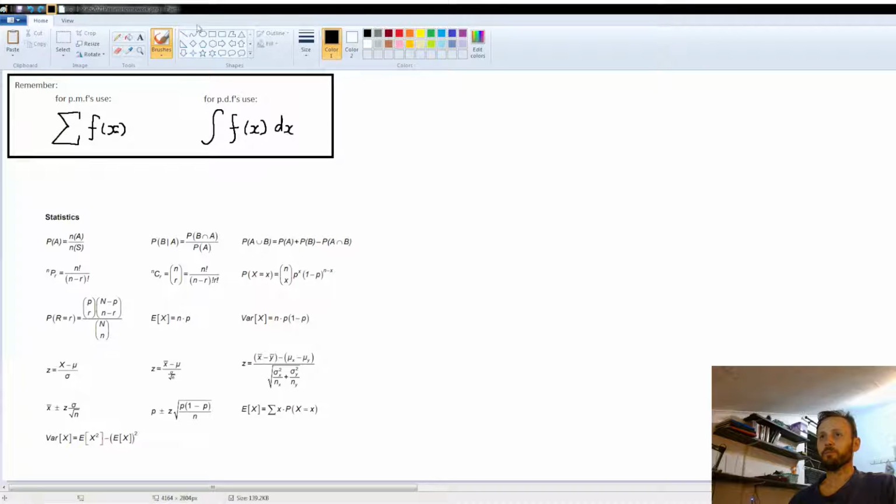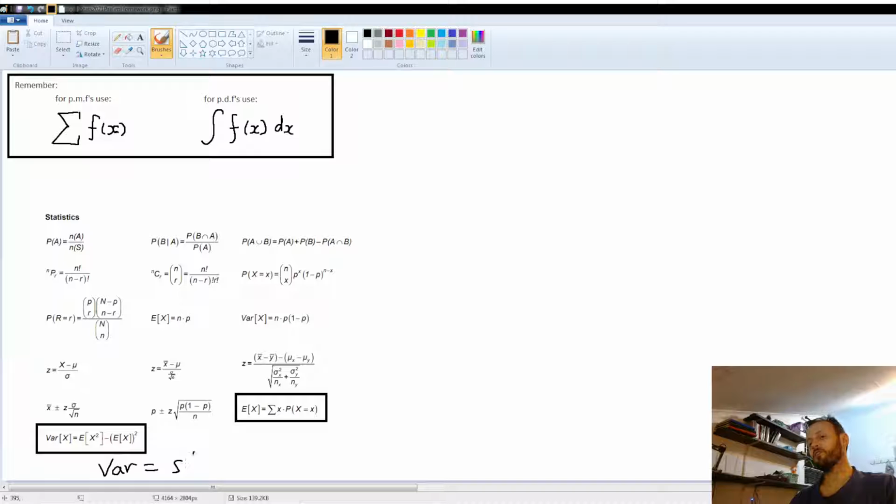Here they are here. There's the one there, which gives you the variance of a probability mass function. And here's the other one here, which gives the expected value of a probability mass function. And by the way, what is the variance, if you're wondering? What is var? Well, it's very easy. The variance is equal to the standard deviation, which you've all heard.